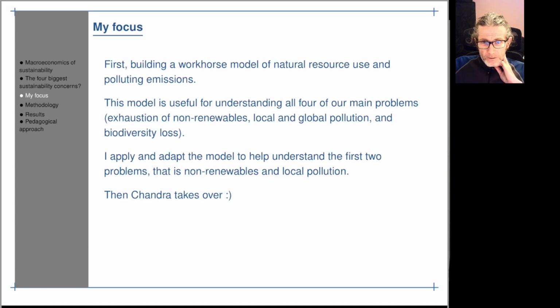My focus in my part of the course, so I have roughly the first half of the course, a bit more than half of the material, is first to build a workhorse model of natural resource use and polluting emissions. And of course, the two go together in the same model because most polluting emissions are a direct result of natural resource use. This model is useful for understanding all four of our main problems.